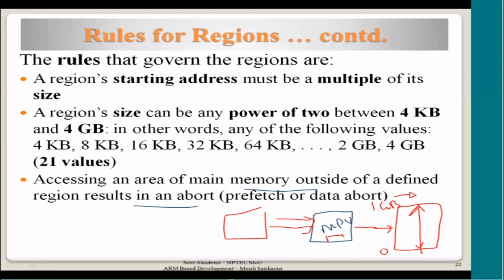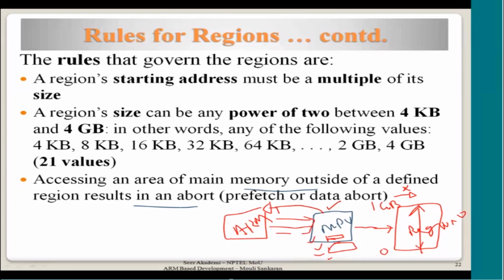The MPU will try to see what regions are defined. Only one region is there, which we assume is region 0. It checks whether this address, which is above this, falls within the defined region in the system. Because I have enabled the MPU, it will check that any address coming from the processor is within one of the regions defined in the system. Because I have defined only one region of size 1 GB and the address happens to be outside it, the MPU will generate an abort.